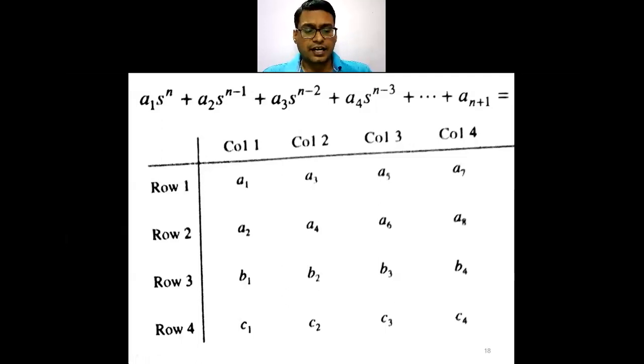Then the second rule is how many times the sign changes. If A1, A2 are positive, B1 is negative, and C1 is positive, there is a sign change from positive to negative, and from negative to positive.